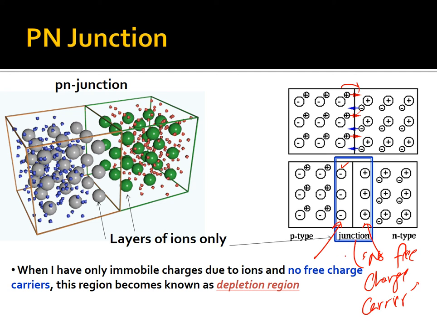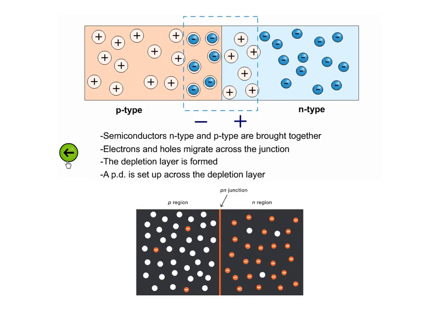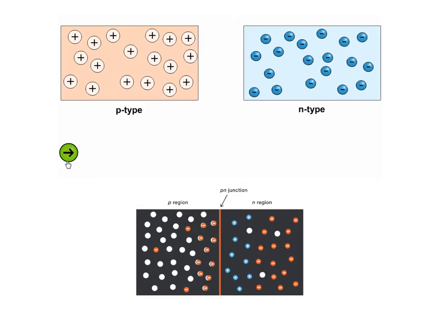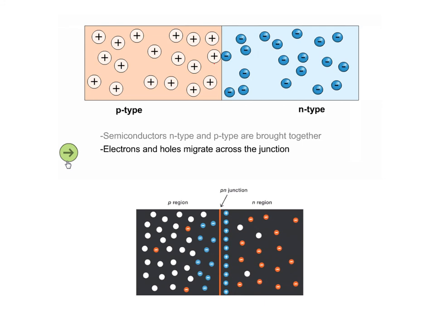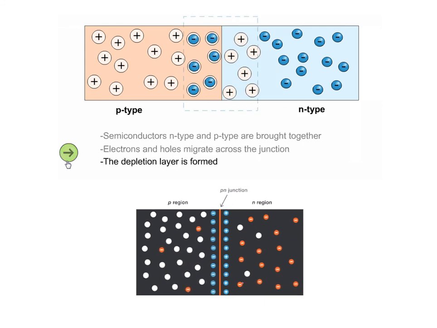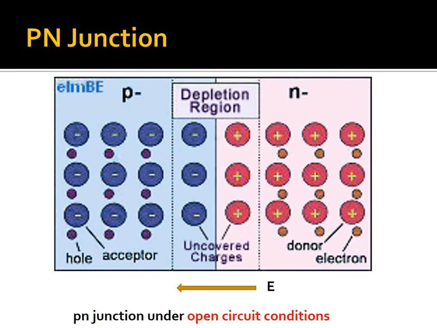Now what will happen once we get this depletion region? Let's look at this. This is just an illustration of the same concept which I explained here: the movement of the holes and the electrons, and finally we get a depletion region here. Now, with the depletion region, there are no free charge carriers.